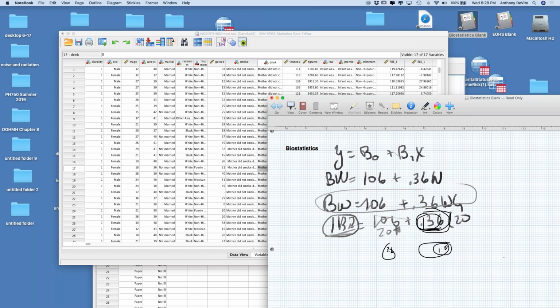I'm going to encourage healthy eating, but I'm not going to encourage my patients to pack on a lot of pounds, because it's not a very good predictor of increasing the birth weight of the baby. So you can use this to make a value judgment as to how you might proceed in a public health setting or in a clinical setting, and so on.